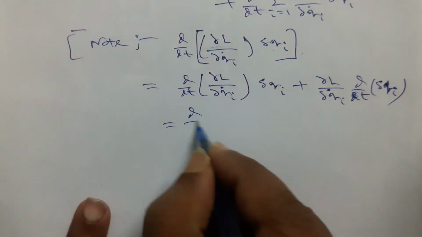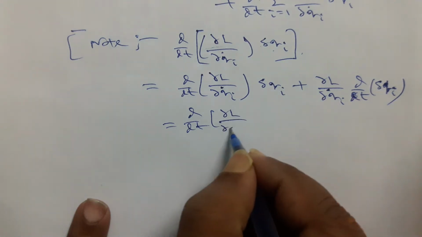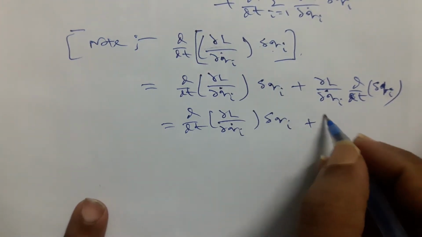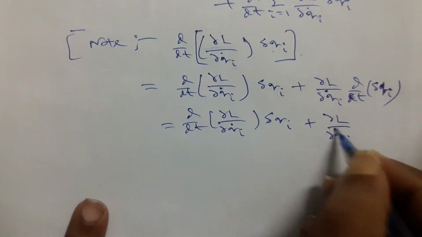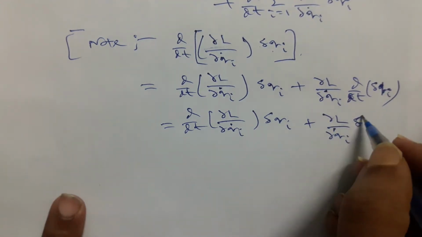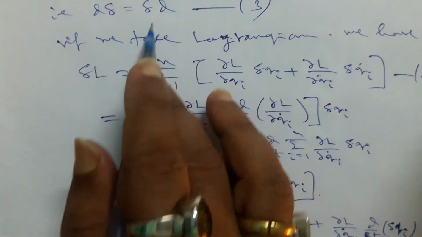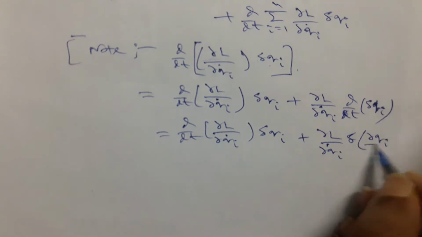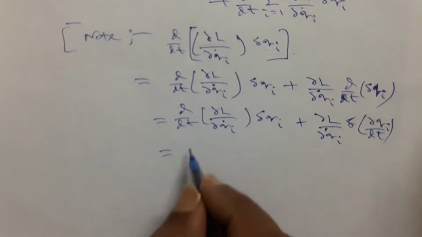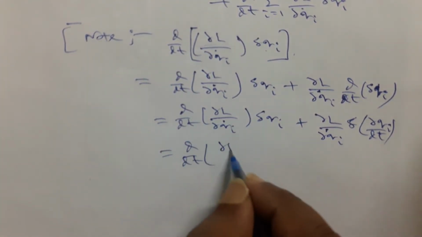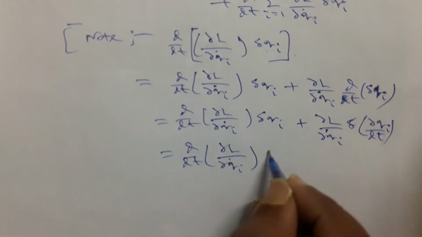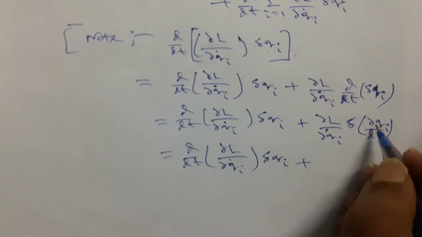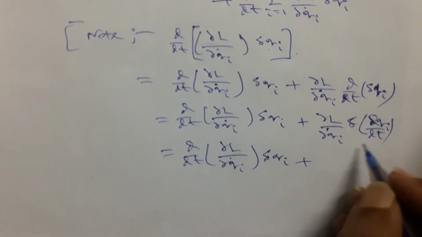Using the commutative property, equation number 3, they are commutative, so del of dqi/dt, that will be qi dot.